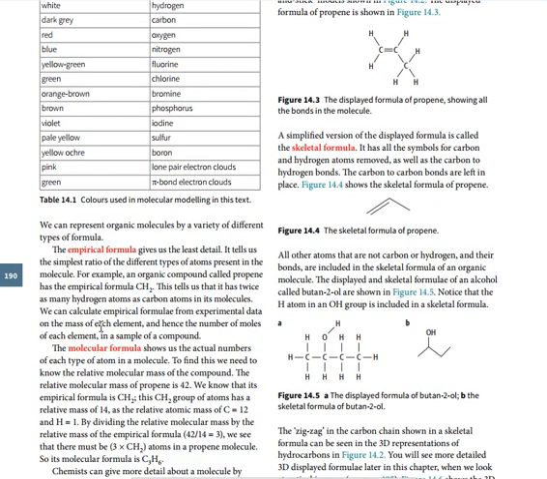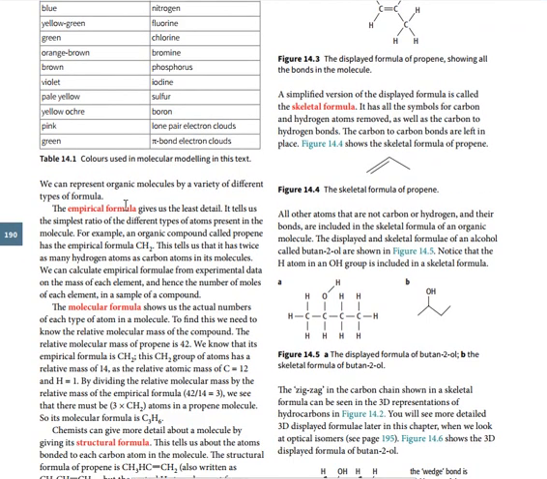Now, the next point is the definition of empirical formula. The empirical formula is the simplest formula of an organic molecule. What do I mean by that? If you have a molecule like ethane, which is C2H6, the simplest formula of C2H6 is going to be CH3.